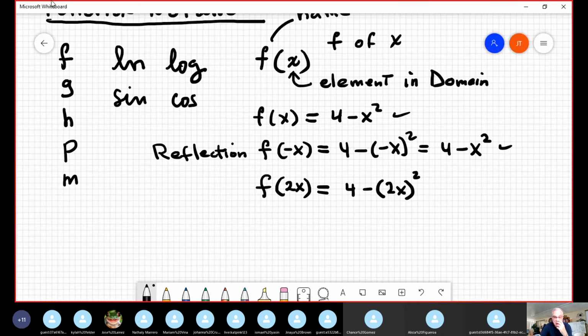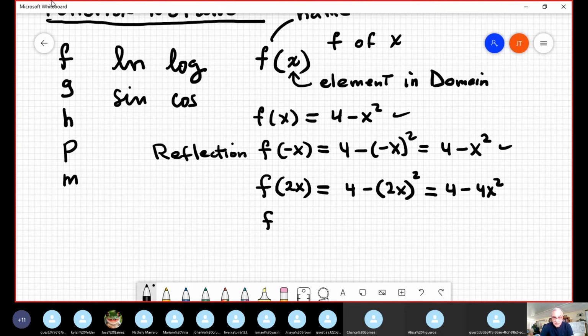I create a new function, which is a family. So it is 4 minus, and you square, 2 squared is 4, 4x squared. And leave it like that. This is the transformation. In your moment, you can see the geometric interpretation of this. But it's not our problem now.